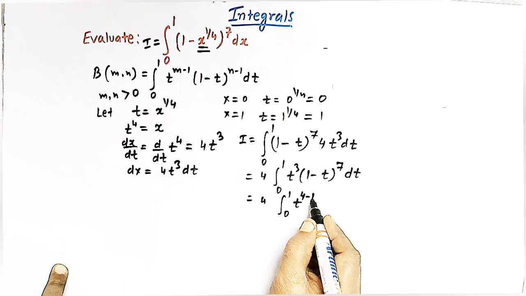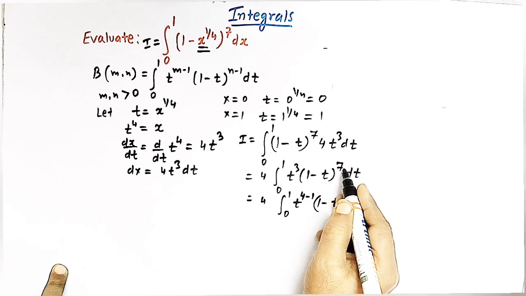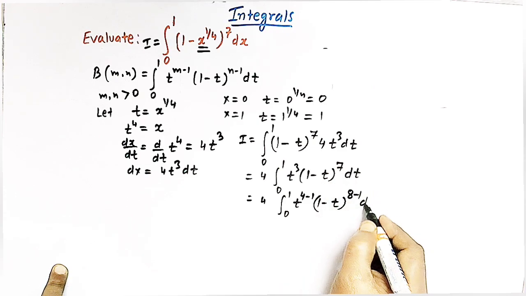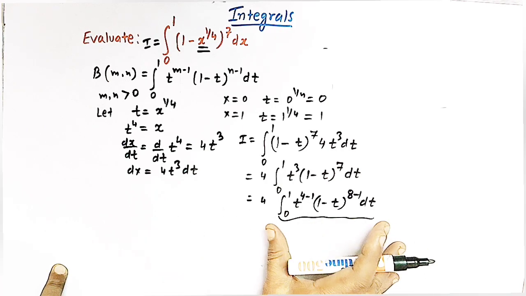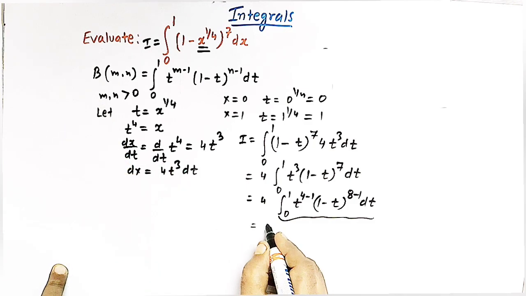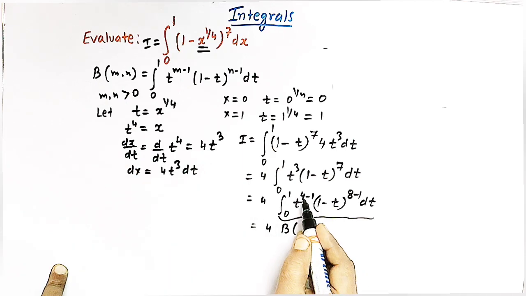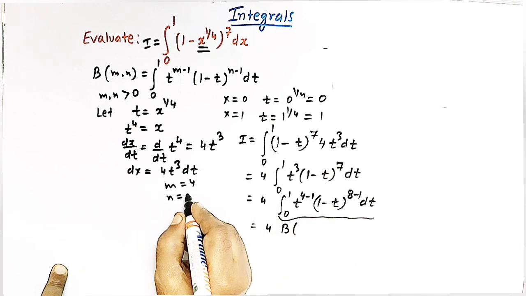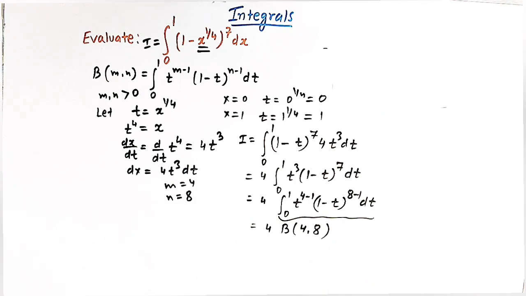Then we have (1 minus t) raised to 7, and 7 can be written as 8 minus 1, and here we have dt. So now this integral is given by the beta function. So we have 4 times the beta function B(m, n), where m is equal to 4 and n is equal to 8. So we have B(4, 8).